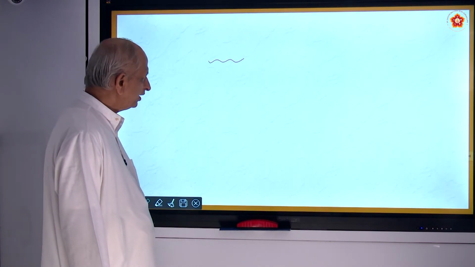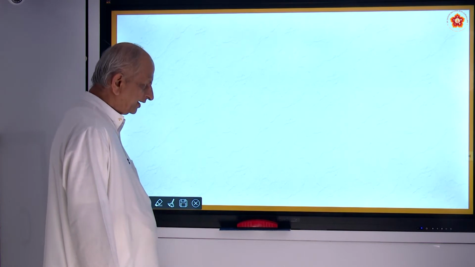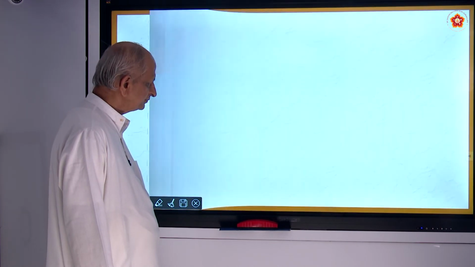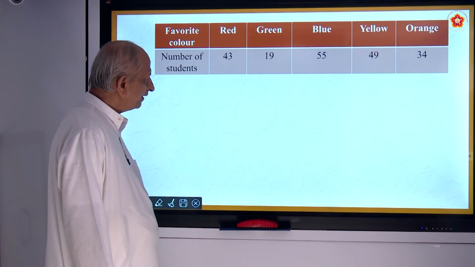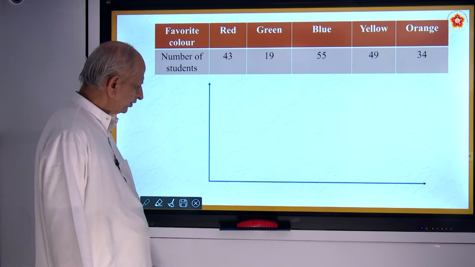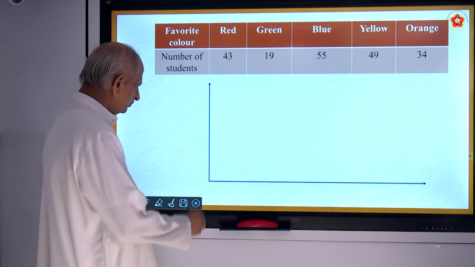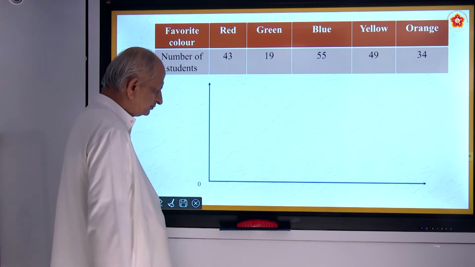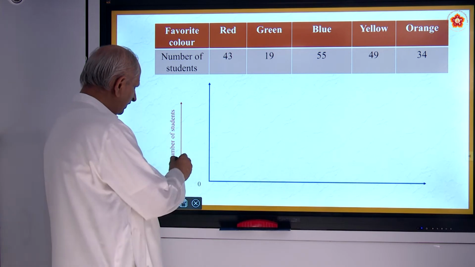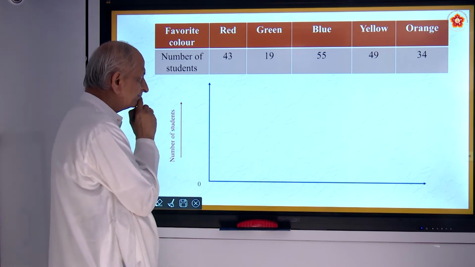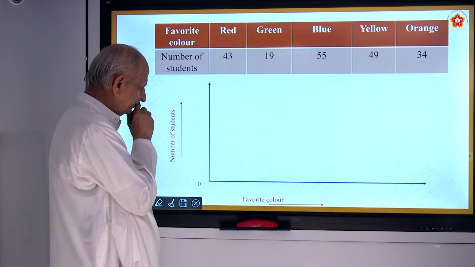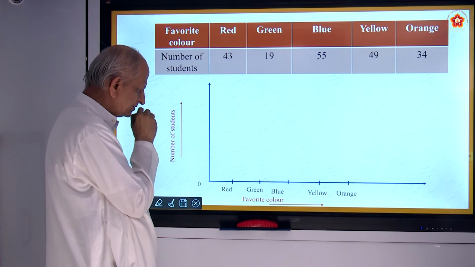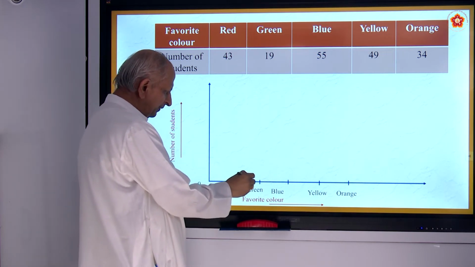So, that should be drawn in a bar diagram. So, once again the figures are taken and you have to draw the two axes. One is called x-axis and O is the origin. For every centimeter, number of students on the y-axis and colors on the x-axis. And you have to write for every centimeter one color.